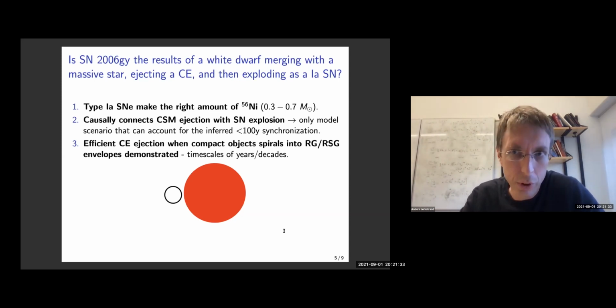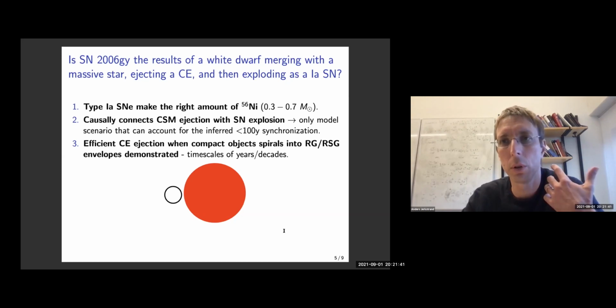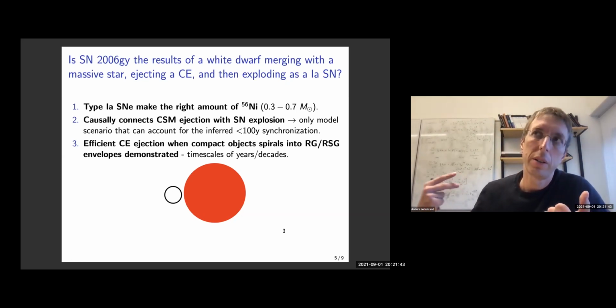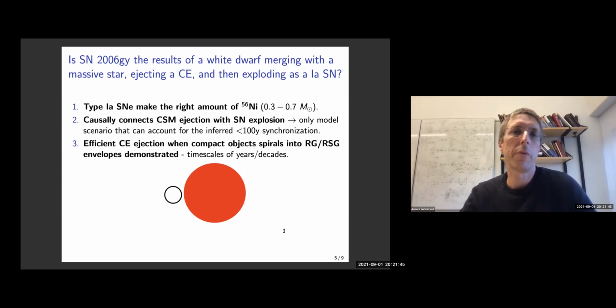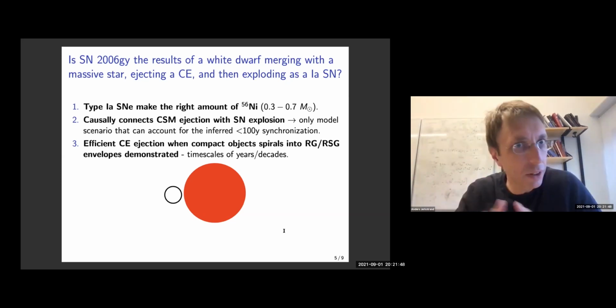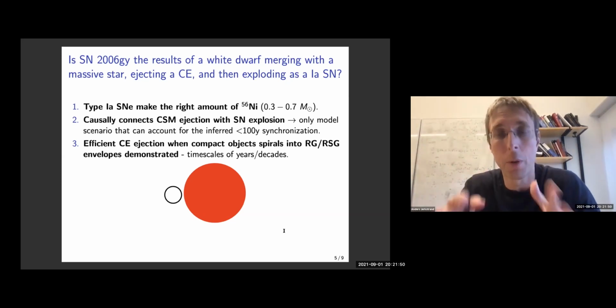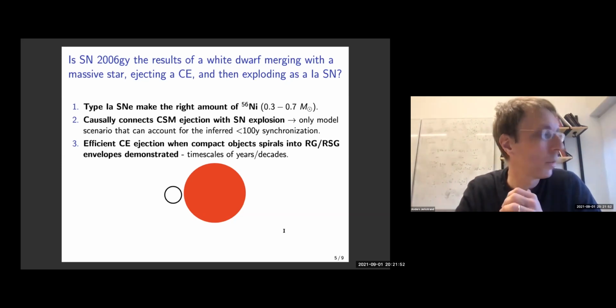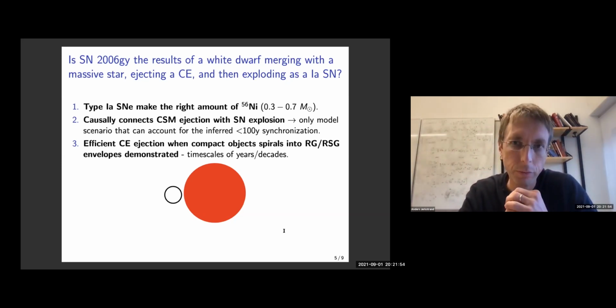So I put here three arguments that seem to work in the right direction for this scenario: that you have a white dwarf that then spirals into the envelope of a companion, it ejects a common envelope, and then somehow explodes within about a century or so.